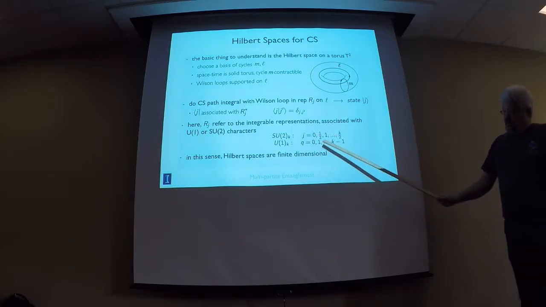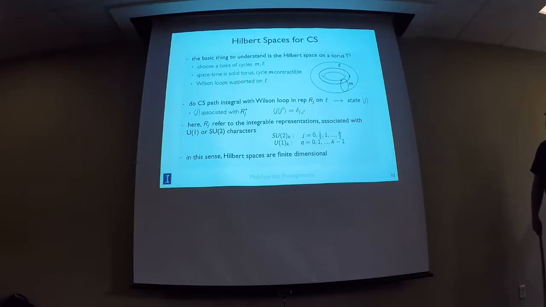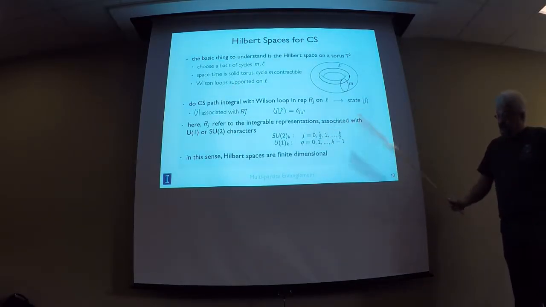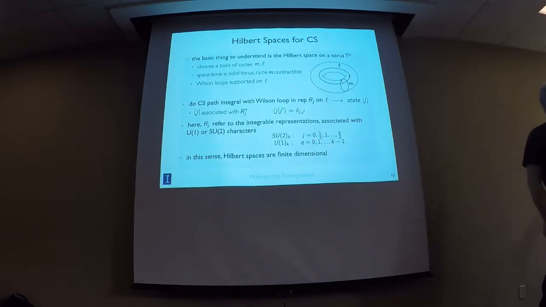And as I said, there are a finite number of those. The J label on the lowest weight states runs from 0 to k over 2 in the case of SU2. And in the case of U1, there's a U1 charge Q that runs over k values.